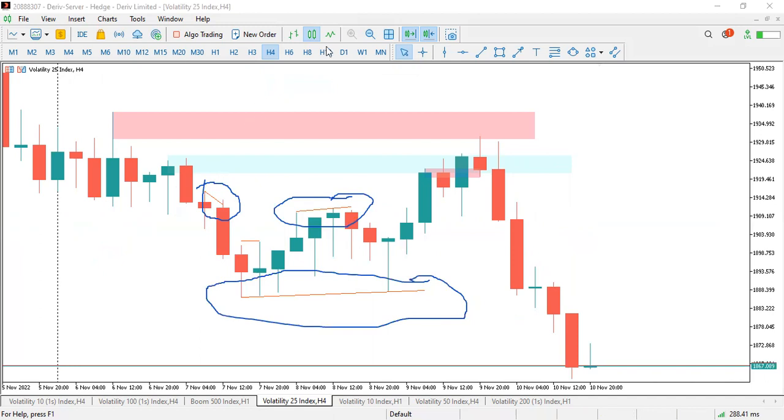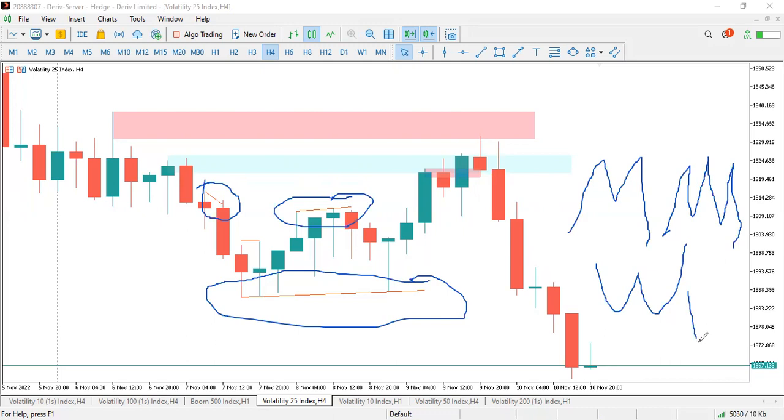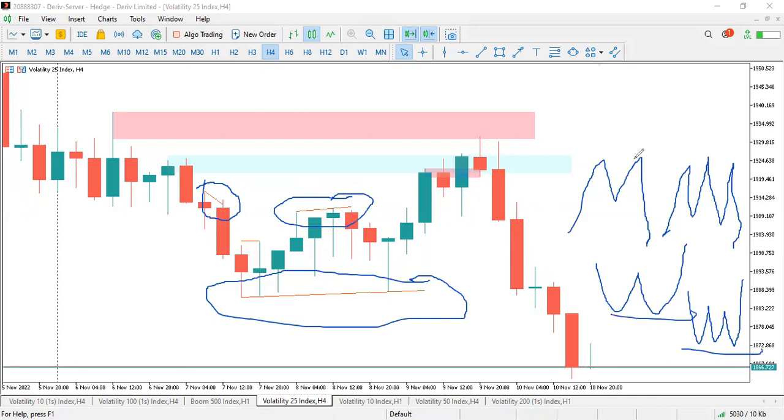Then we have the equal highs and lows looking like M and W. Then we have the triple tops, the triple bottoms and so on, which we refer to as all the equal lows and all the equal highs. Then we have the pivot point liquidity.